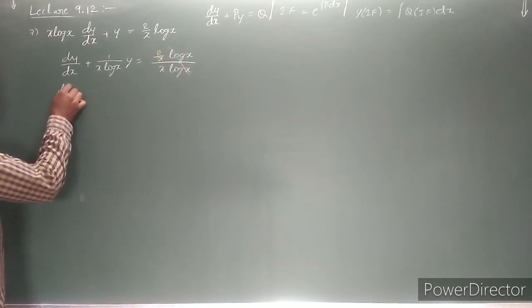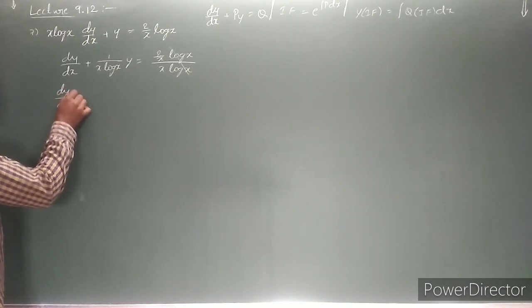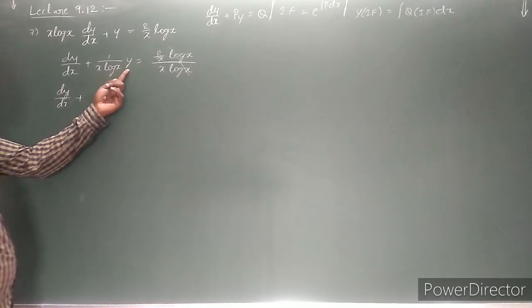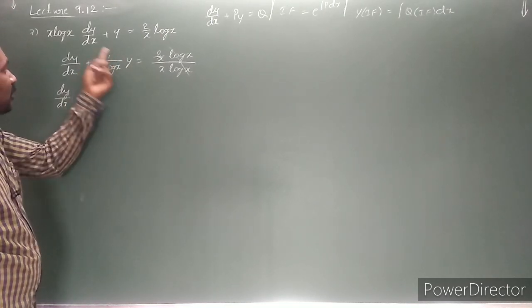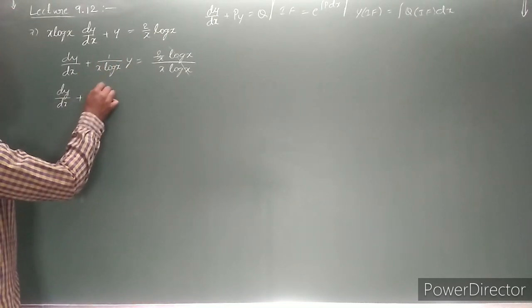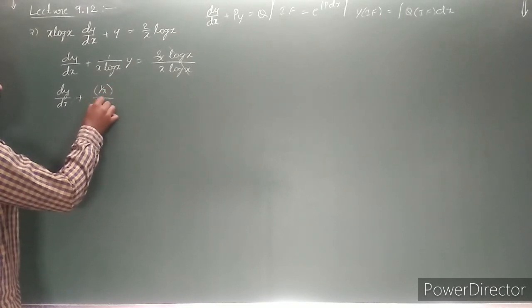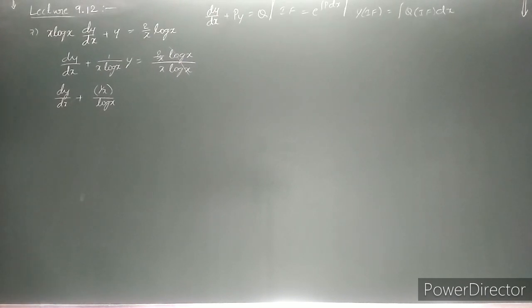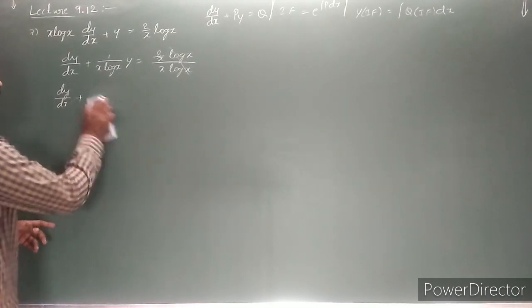Okay, the remaining thing I rewrite: dy/dx plus, the P value is 1 by x log x. So I write 1/x divided by log x, or else if you are not getting this one, please write it like this.